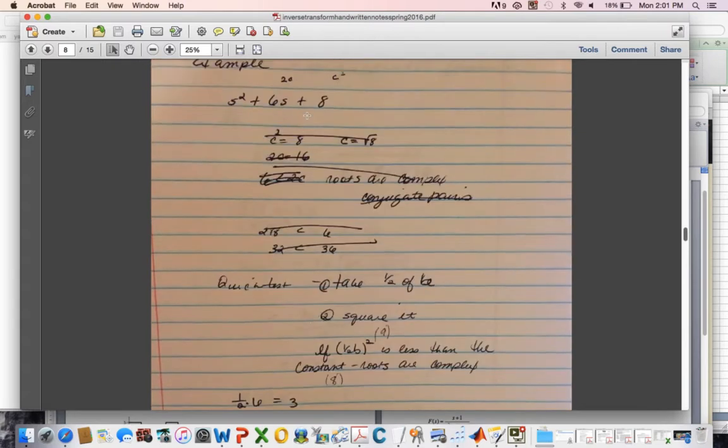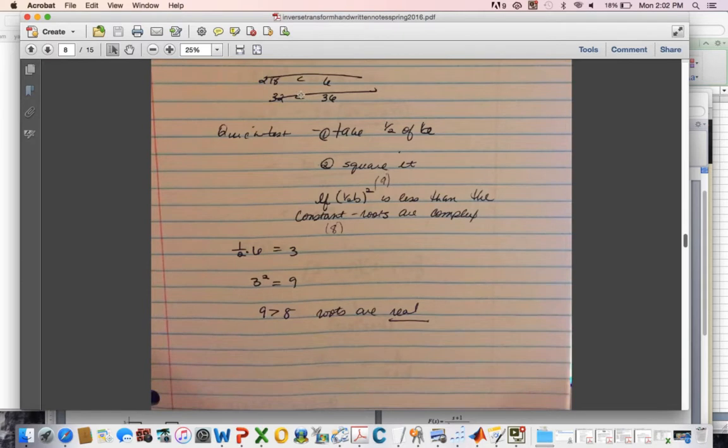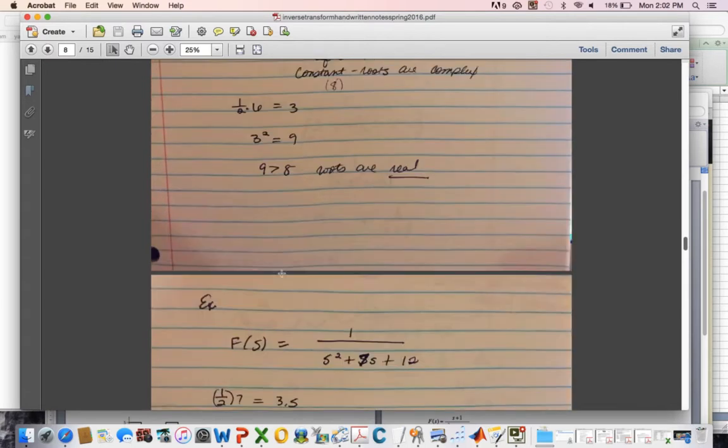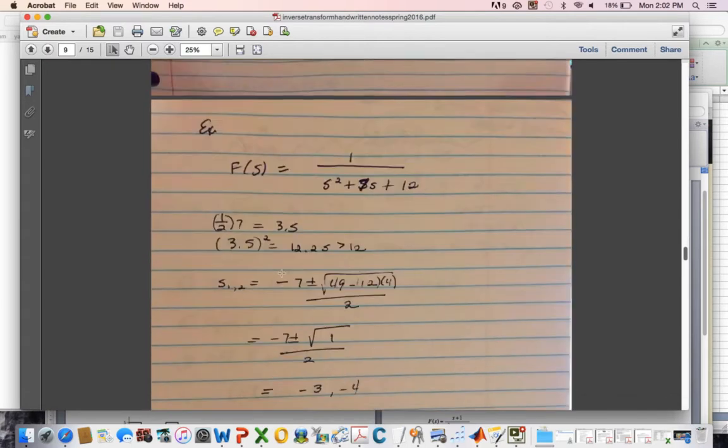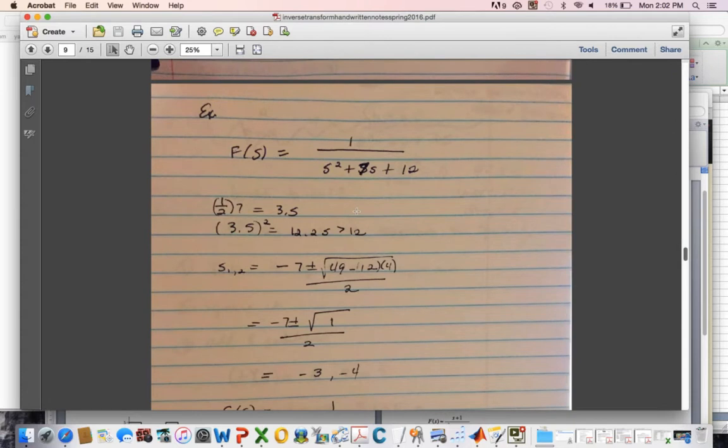I can also do that by evaluating the relationship between these two coefficients, which is summarized here. If you take 1/2 of the middle term and square it, if that ends up being less than the constant, then the roots are complex. In our case, that ends up being greater than the constant, telling us the roots are real. So here's another example.